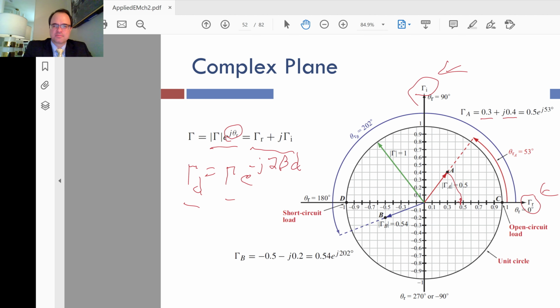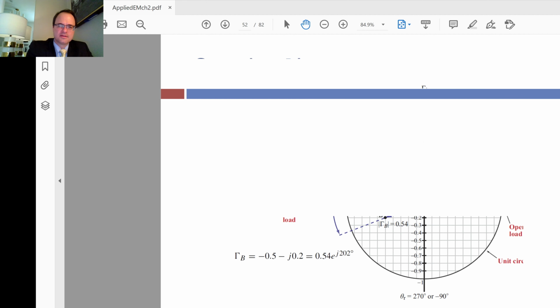On the complex plane, if we know the point A right here, with a certain reflection coefficient gamma, as I go towards the generator, my gamma will stay the same magnitude, but we will go in a counterclockwise direction because of the minus here.